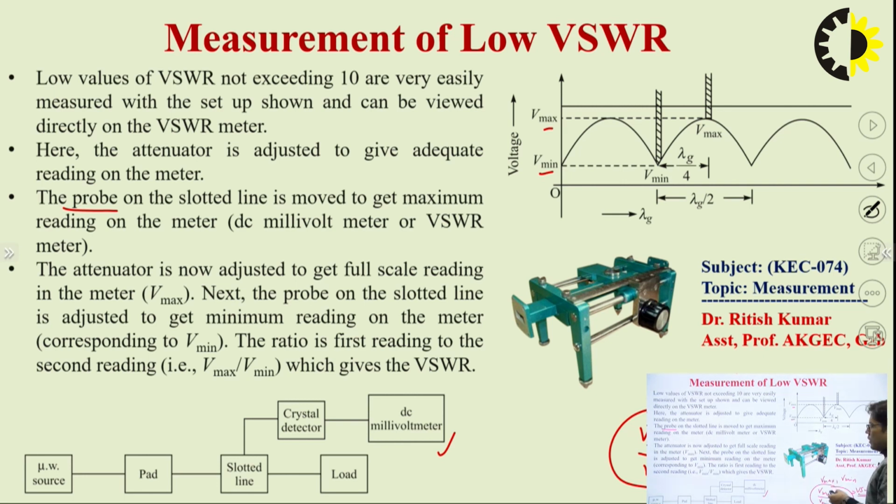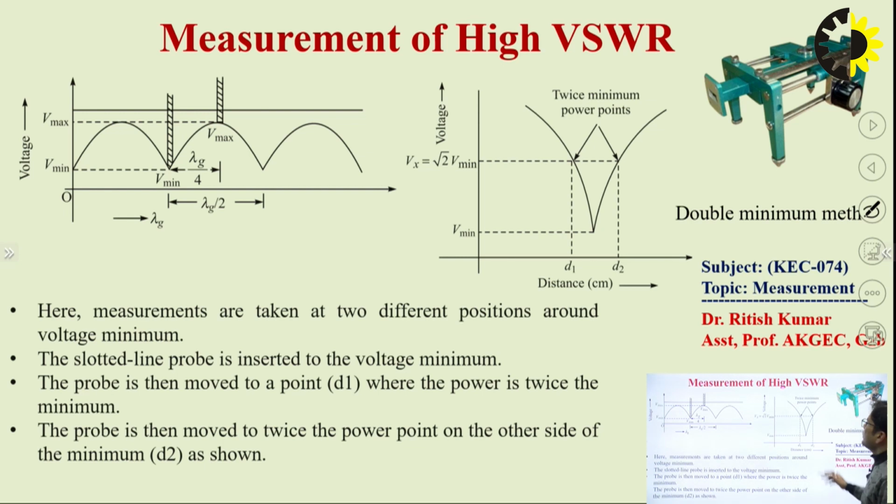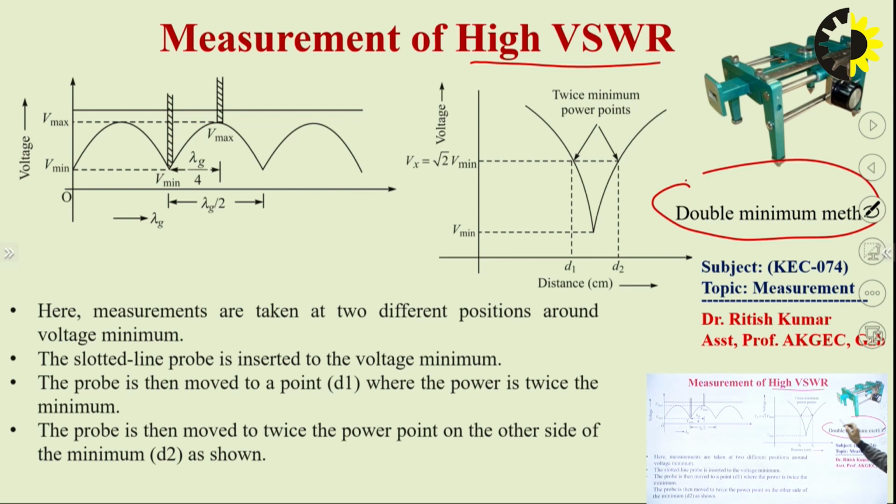Now the next one is the measurement of high VSWR, and the method used to measure the high VSWR is known as the double minima method. Why do we call it the double minima method here? Because we are dealing with the two minima in the pattern, first minima and second minima, right?